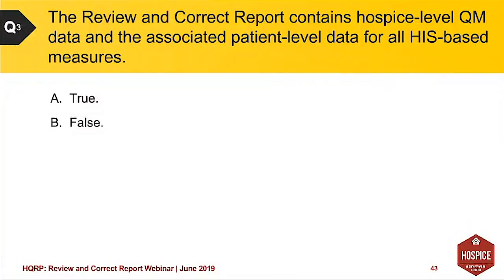All right, we're going to test your knowledge with a question here. The review and correct report contains hospice-level quality measure data and the associated patient-level data for all HIS-based measures. Is that true or false? I'll give everybody a few minutes to respond here.